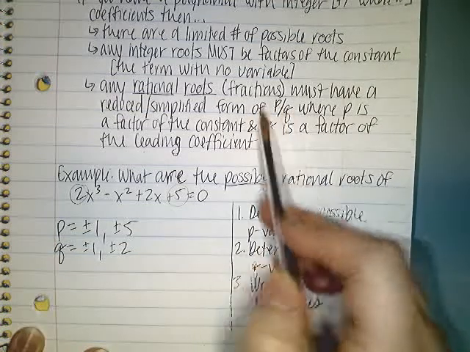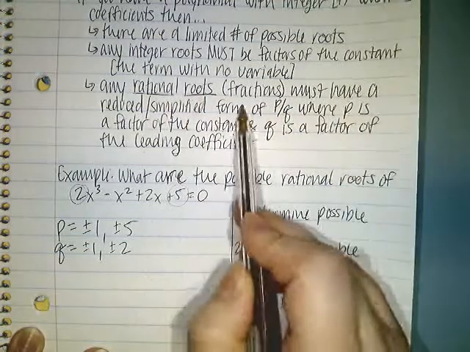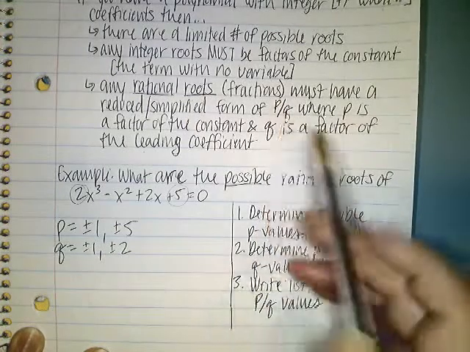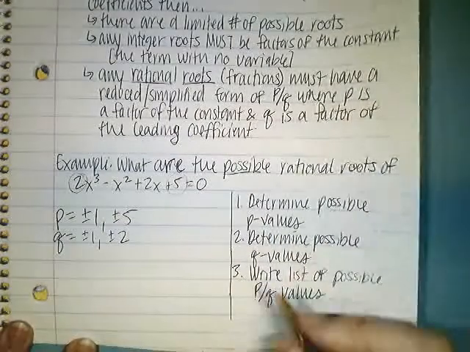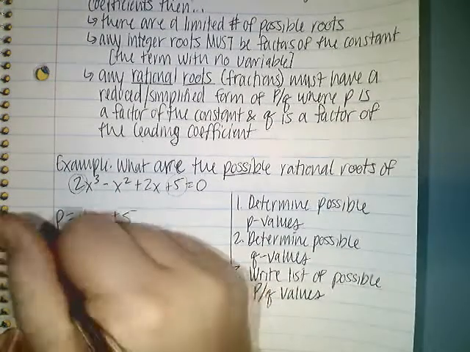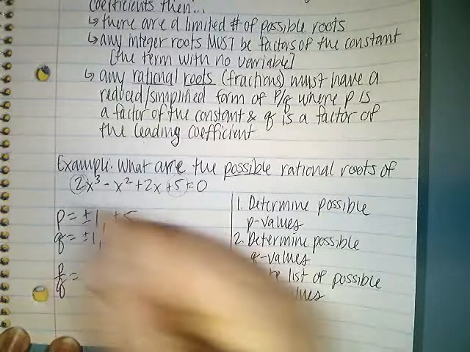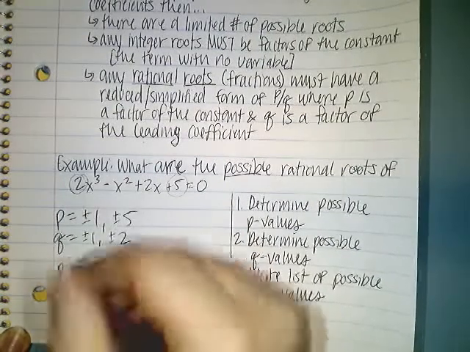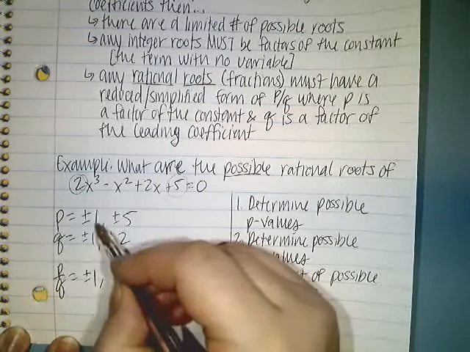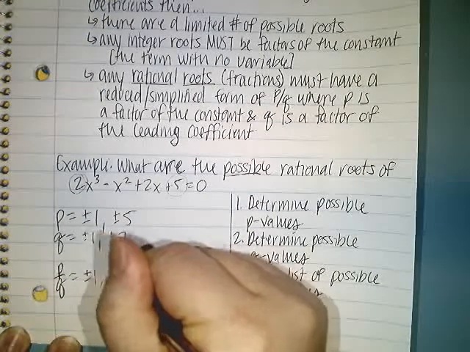Then the last bit, our possible rational roots are going to be all possible p over q combinations. So my last step is to write a list of possible p over q values. So p over q could equal 1 over 1, so plus or minus 1, because 1 over 1 would just be 1. It could be plus or minus 1 over 2.